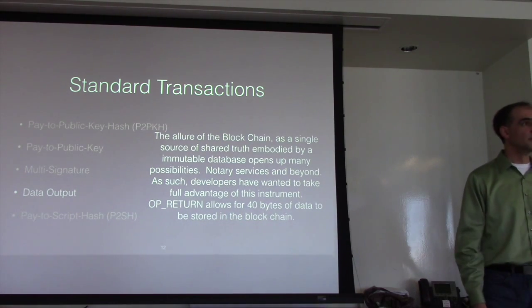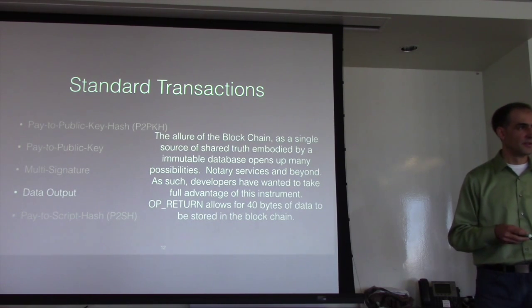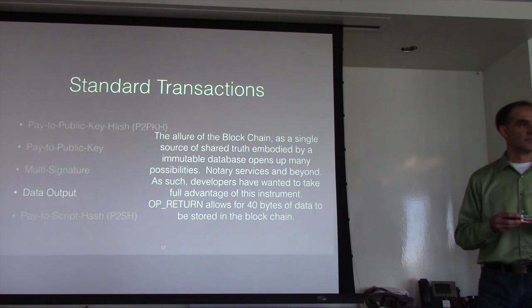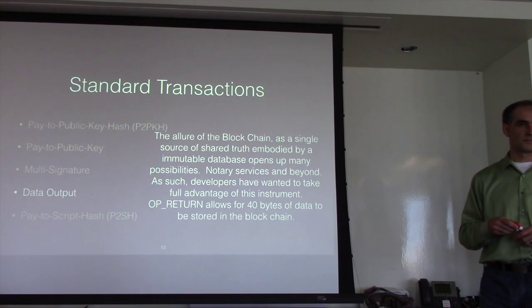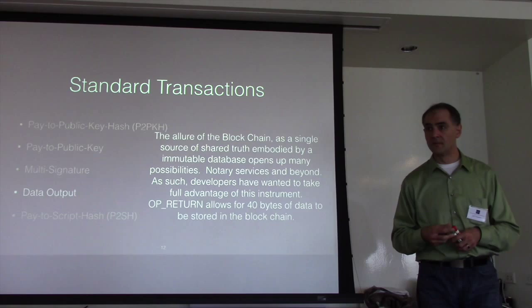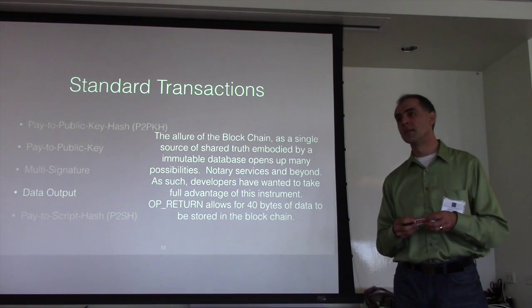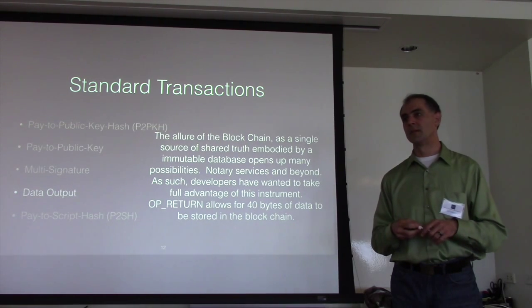The reason it's 40 bytes and not 120 or something is they wanted it small enough to put hashes in, but not big enough that you're putting entire transaction numbers or full signatures. And in the case of one of your projects, microwork, you can say, if you do this documentation, I'm going to pay you this much.